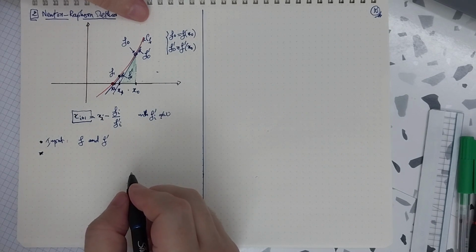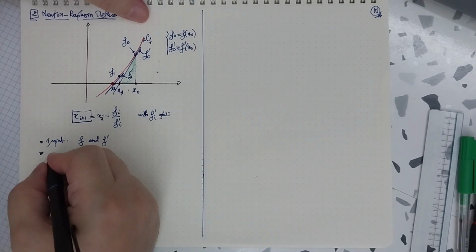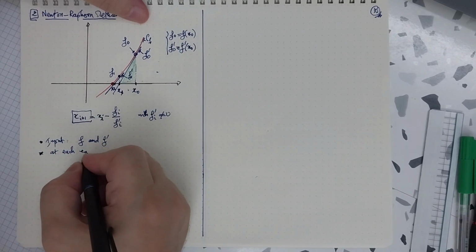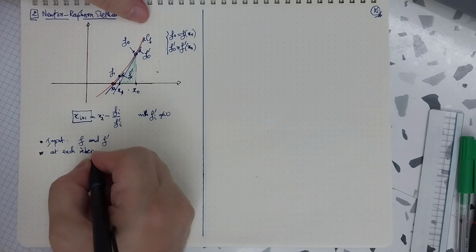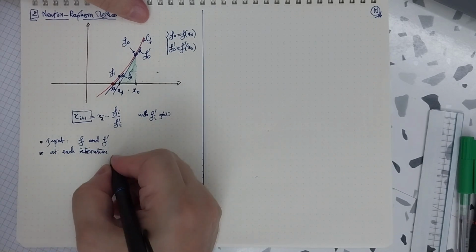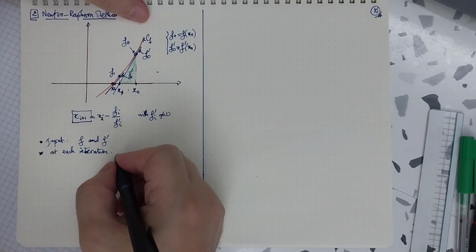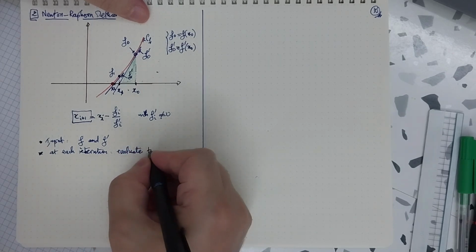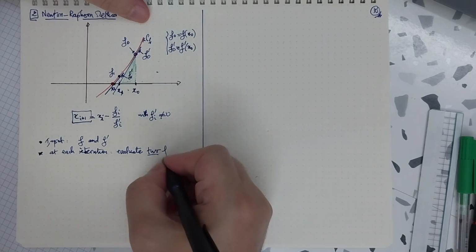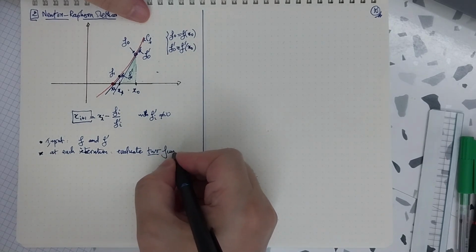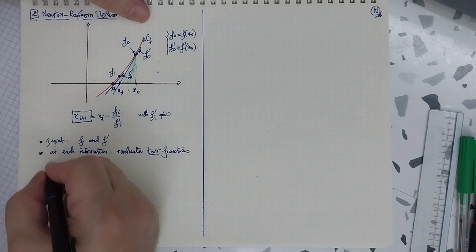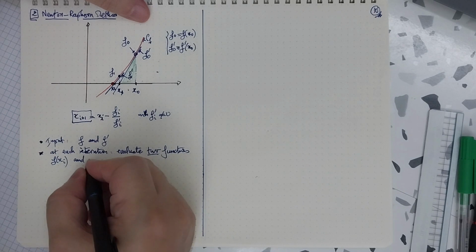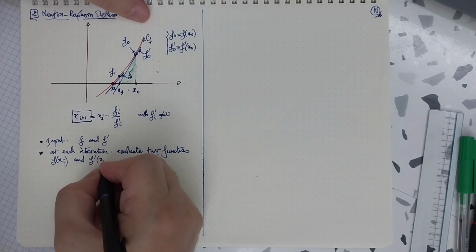So the second disadvantage is that you have to evaluate at each iteration two functions, not one, like in the previous method. Two functions, f of xi, and its derivative, f prime.